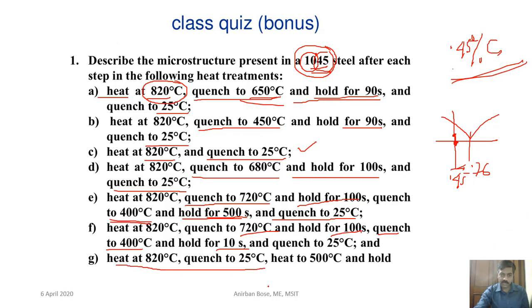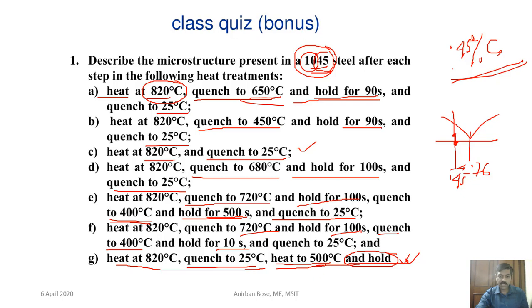Quench to 25 degrees centigrade, heat to 500 degrees centigrade and hold. Finally the quenching will produce the martensite, and then heat to 500 degrees centigrade. That means now you are tempering at 500 degrees centigrade, and if you hold it for a very long time, it will give you the spheroidic structure. Generally spheroid occurs at a very high temperature, close to 600, 650.